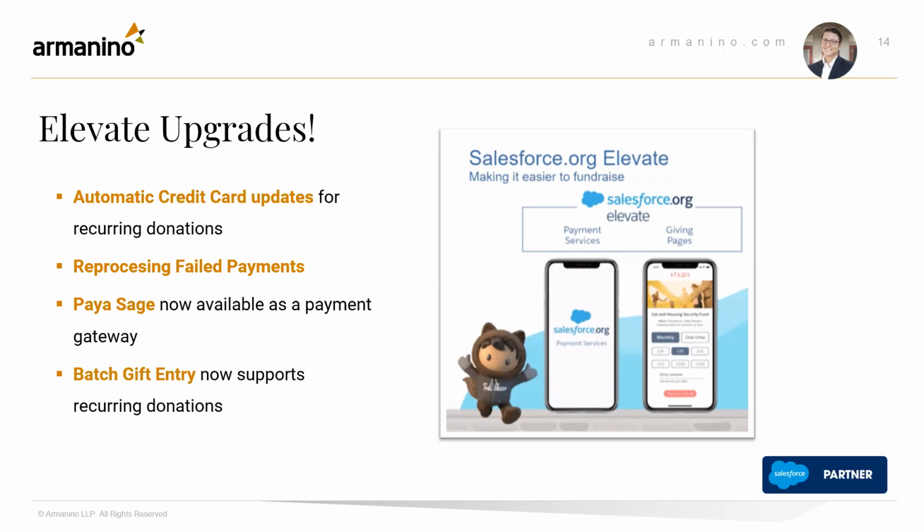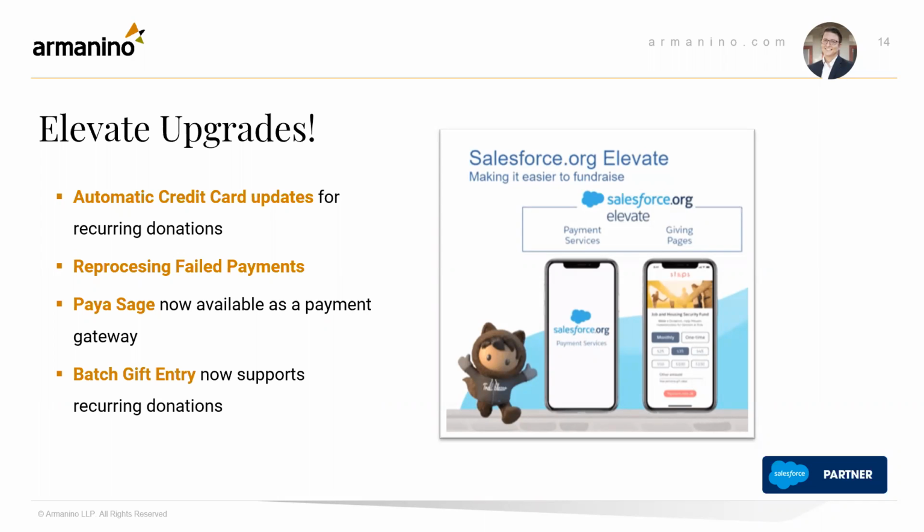For any recurring donations that you have set up that are processed by Stripe, IAT, and WorldPay platforms, your donor's card number or expiration date changes that they make will actually be updated automatically in the system, so there won't be a lapse in any of your installment payments, which I know can be a pretty big headache to try and track down new credit card numbers or new expiration dates.